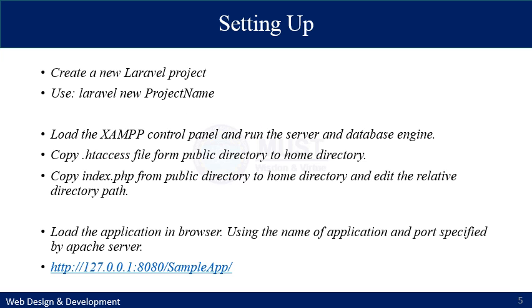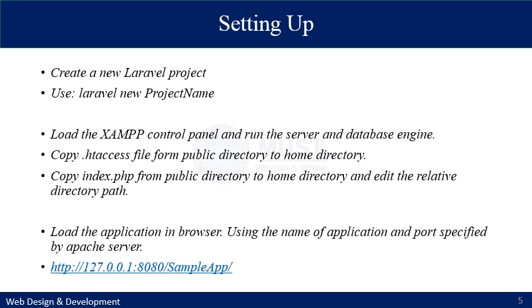To set up the application, the first thing you have to do is create a new Laravel project, and you can refer to the startup lecture in which we discussed creating a new Laravel setup using Composer, the application dependency manager of PHP.